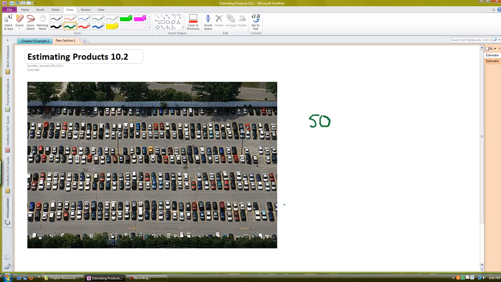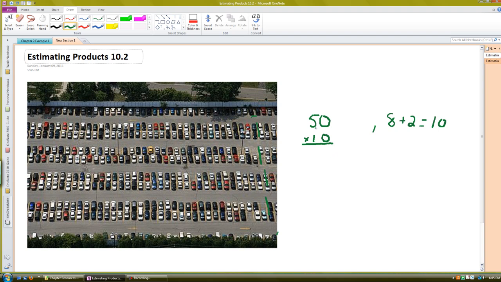How many rows are there? Well, we count our groups of 2. So we've got 2, 4, 6, 8. So we have 8 plus, and now our groups of 1, there's 1 down at the bottom here, and 1 at the very top, plus 2. So there are 10 rows. Now it becomes real easy to multiply. We simply have 10 times 50.